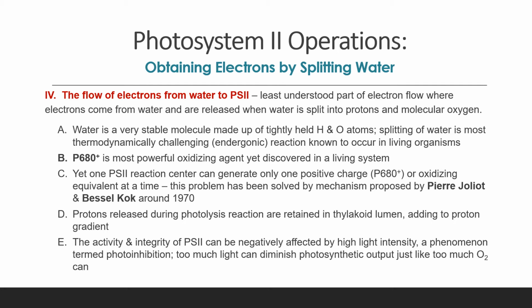Protons released during the photolysis reaction are retained in the thylakoid lumen, adding to the proton gradient. The activity and integrity of photosystem 2 can be negatively affected by high light intensity, a phenomenon termed photoinhibition. So too much light can diminish photosynthetic output, just like too much oxygen can. Okay?